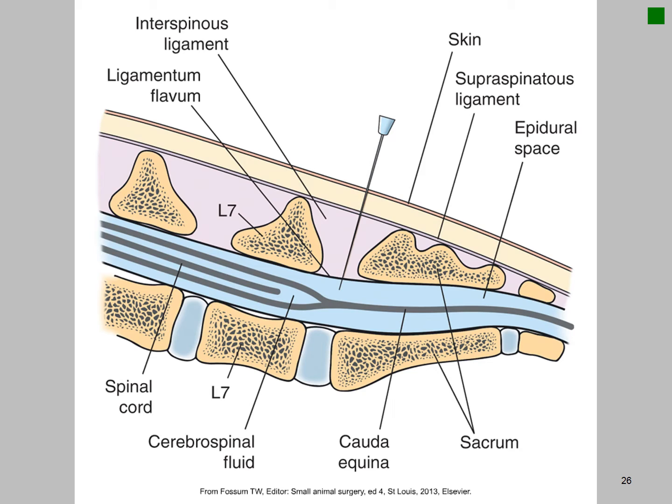You need to be familiar not only with the placement between L7 and S1, but also all of the terms associated with it. You need to know what the interspinous ligament is, the ligamentum flavum. I guess you probably know what skin is. The supraspinous ligament, epidural space, sacrum, cauda equina, cerebrospinal fluid, L7, spinal cord. I hope you know what spinal cord and skin are. Those are two biggies. So be sure you're solid on where you would place an epidural, particularly in dogs and to a lesser degree in cats.